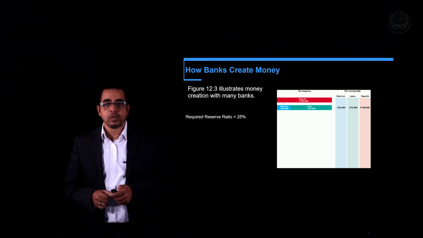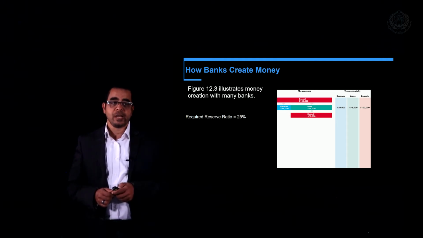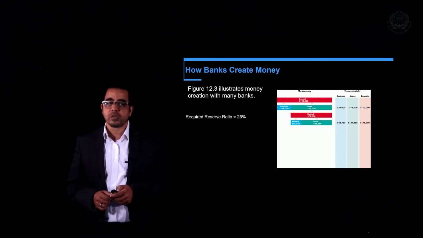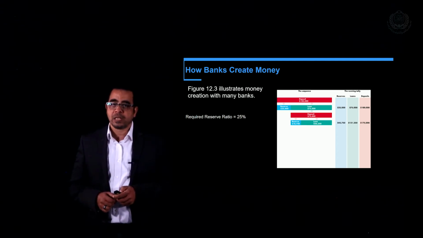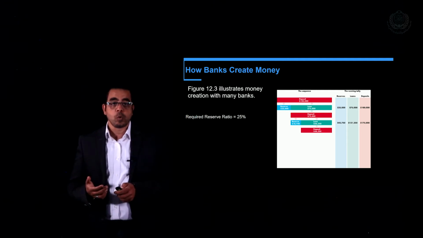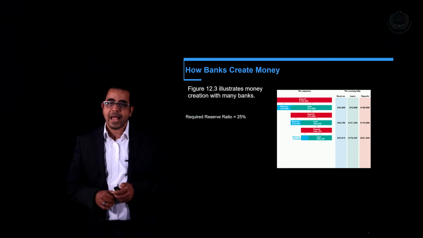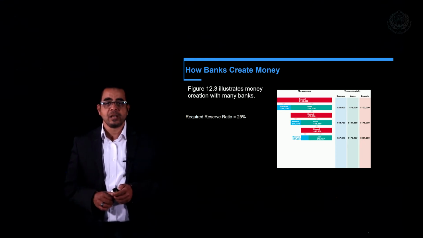The new loan will turn into a second deposit, and this deposit will be treated in the same way. 25% will go in reserve, the rest will be loaned, and the new loan will be turned into a third deposit, and this deposit will generate the fourth loan and the fourth increase in the reserve.